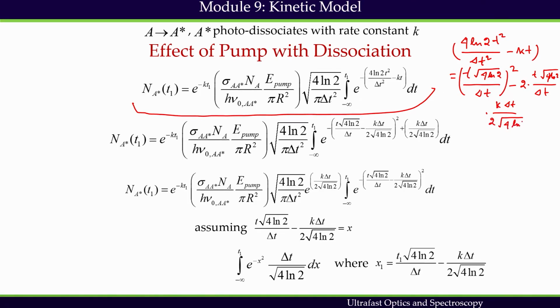square root of 4 ln 2, plus k delta t divided by 2 square root of 4 ln 2 whole square, minus k delta t divided by 2 square root of 4 ln 2 whole square.